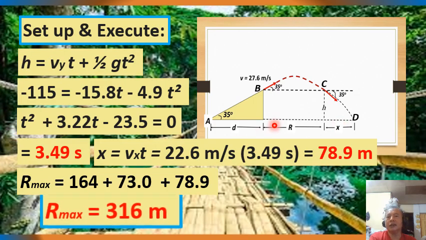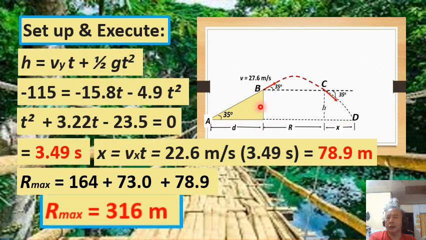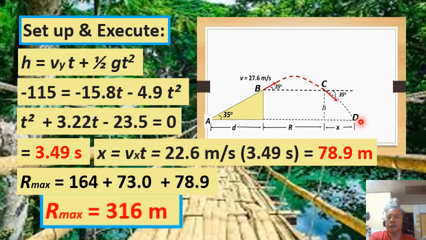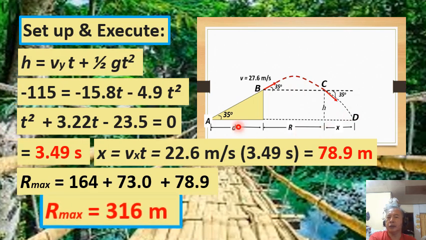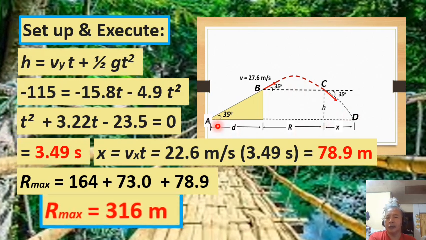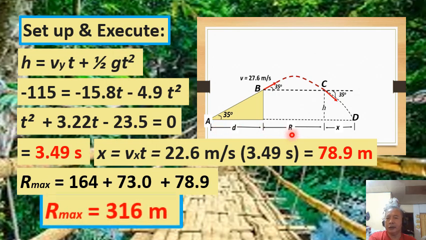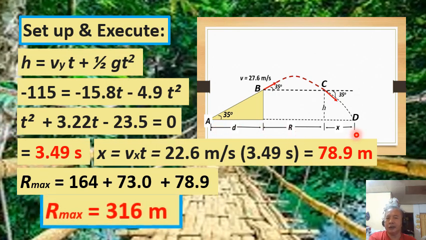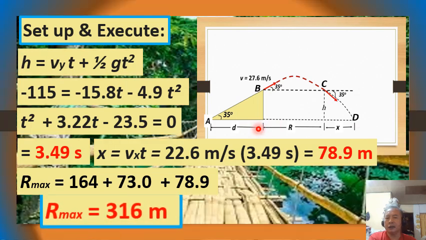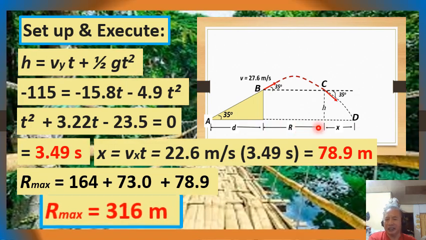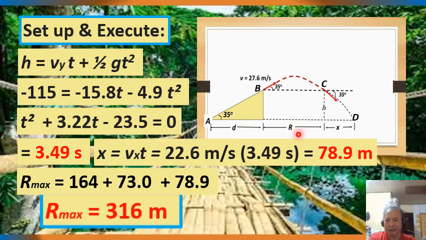What I'm saying is the way this diagram is drawn, the distance d, the distance r and the distance x are not drawn to correct scale, right?